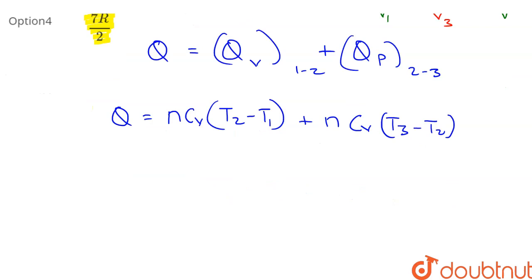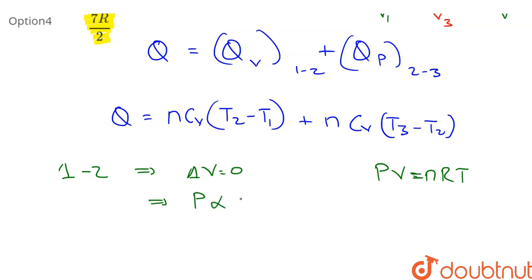So let's look at process 1 to 2, which is constant volume. If you look at the equation PV equal to nRT, and if volume is constant, then we can say that the pressure is directly proportional to temperature.